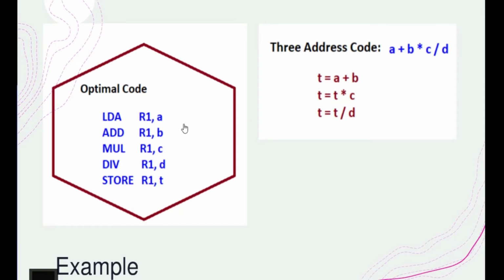So this is the optimal code used for performing this expression. Okay. So what it means is, wherever we need to store the value of a variable, we will use registers, and the registers are used for performing the operation, and finally the value that is stored in the register has to be assigned to a variable.